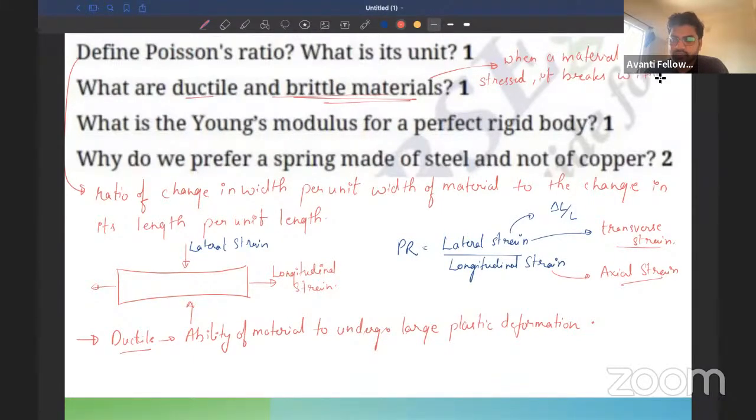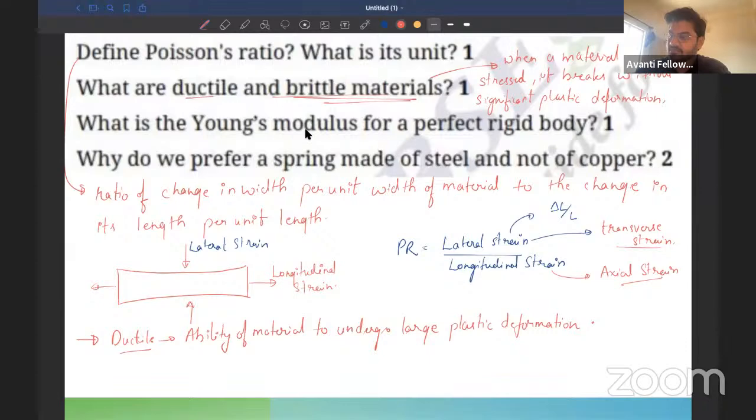When a material is stressed or subjected to stress, it breaks without significant plastic deformation. ठीक है? चलो next पे चलते हैं.